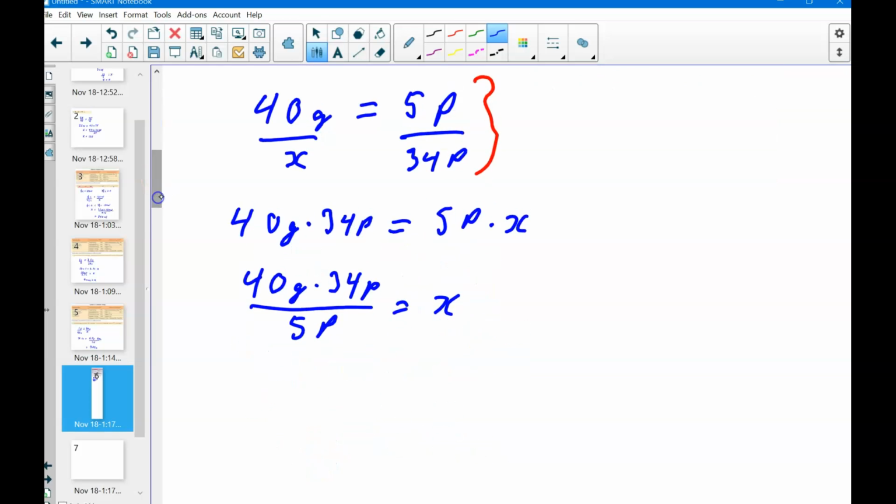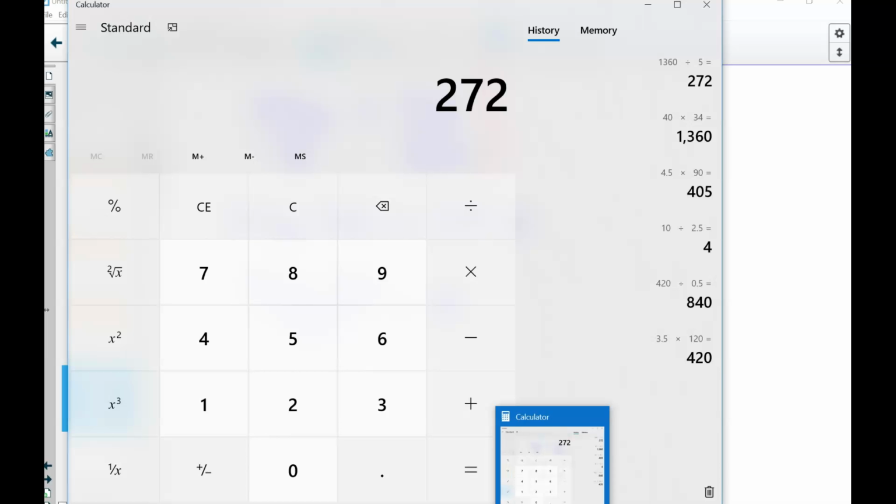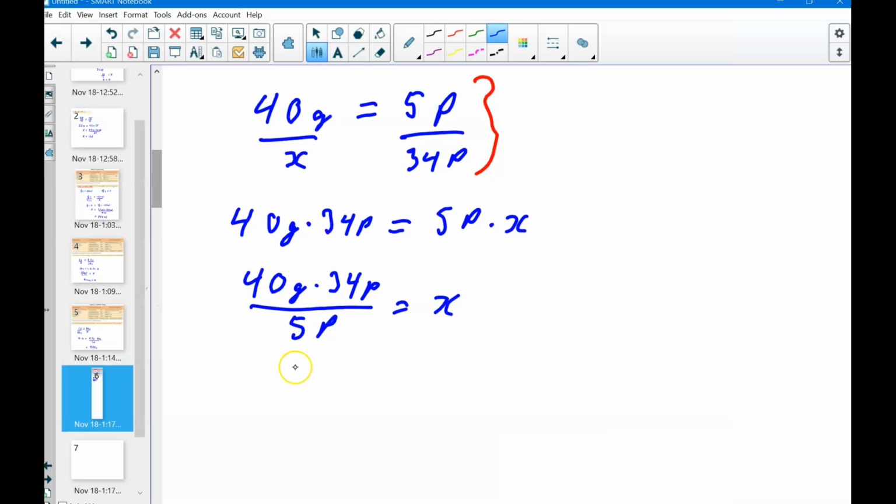Doing some calculations on there, 40 times 34 equals that, divided by 5, 272 grams. Notice the p's will cancel, so I'm left with grams. That's the unit I'm looking for.